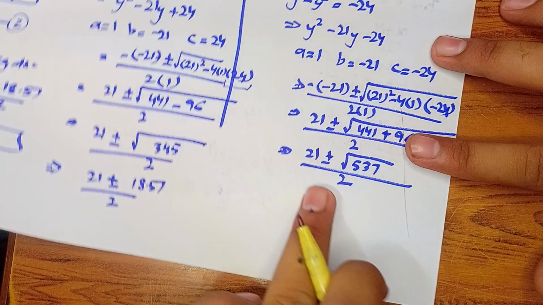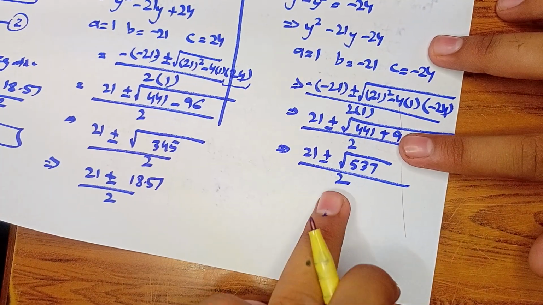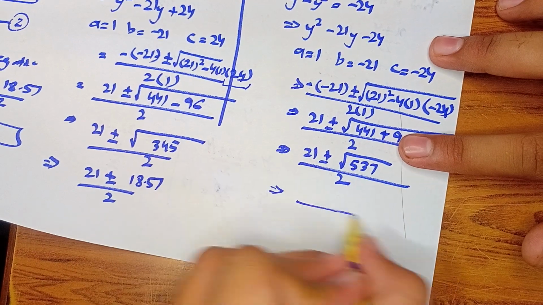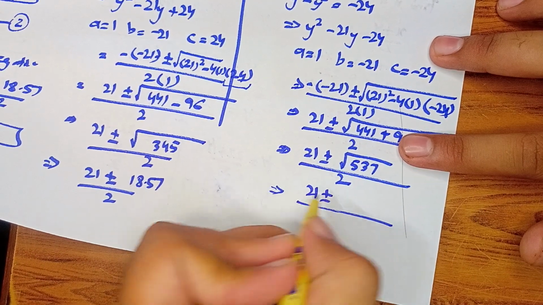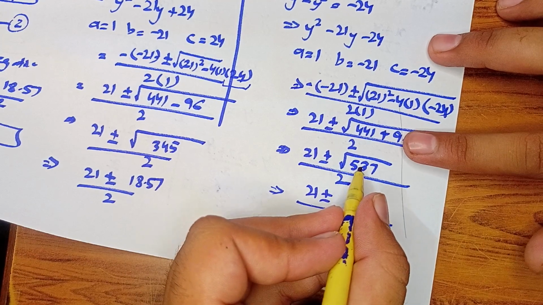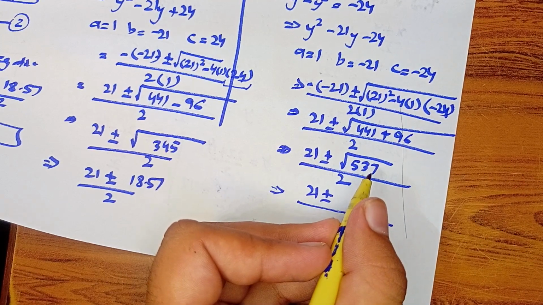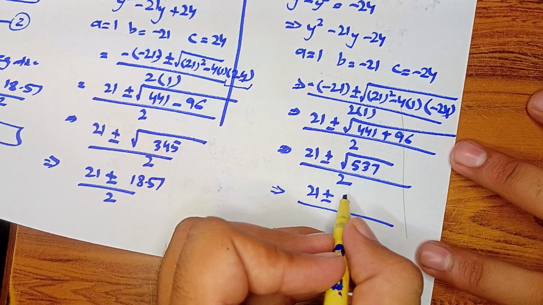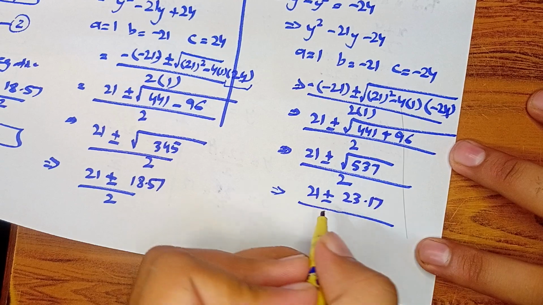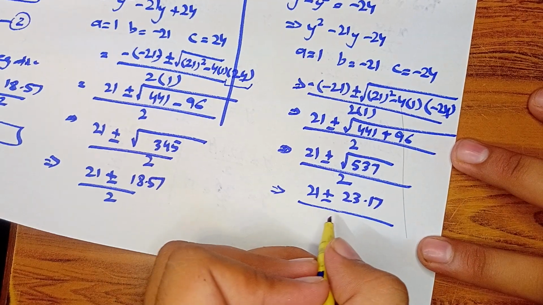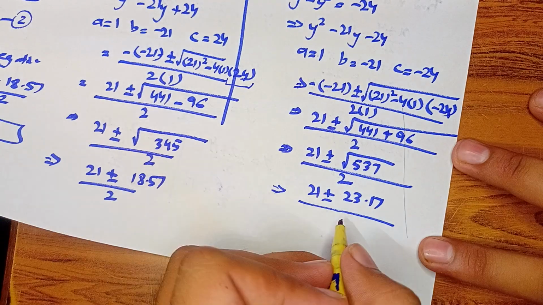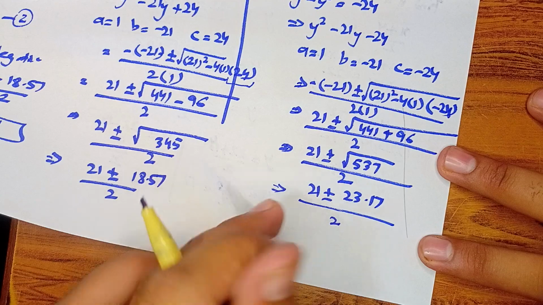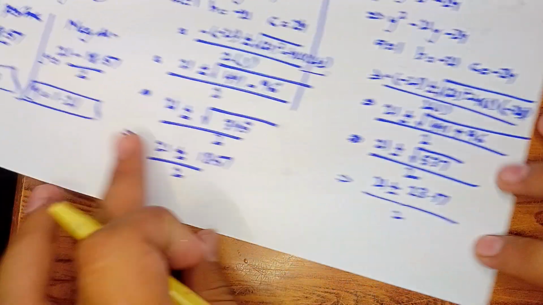And what about this equation? It is an optional case. If you would like to solve it, I will help you. 21 plus minus the square root of 537, which is about 23.17. This should be the same: we will put in the value of the first part, and then the positive part and the negative part, as it is.